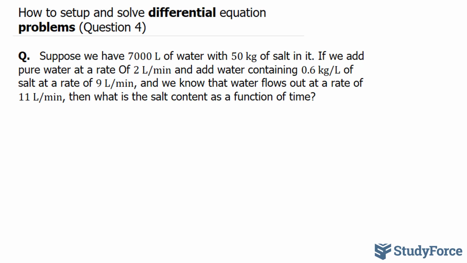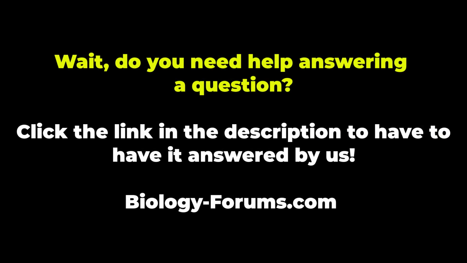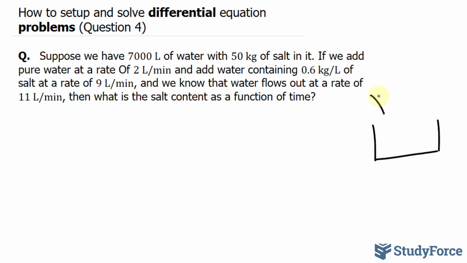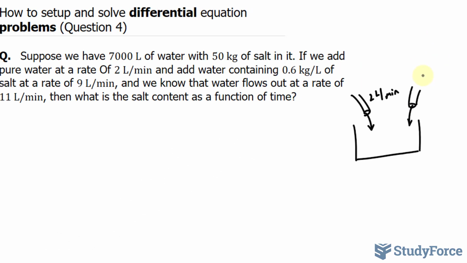Just to give you a scenario of what's happening, let's say we have a tank, and this tank is being filled in two ways. One pipe is releasing pure water at a rate of 2 liters per minute, and another pipe is releasing salt water at 9 liters per minute.